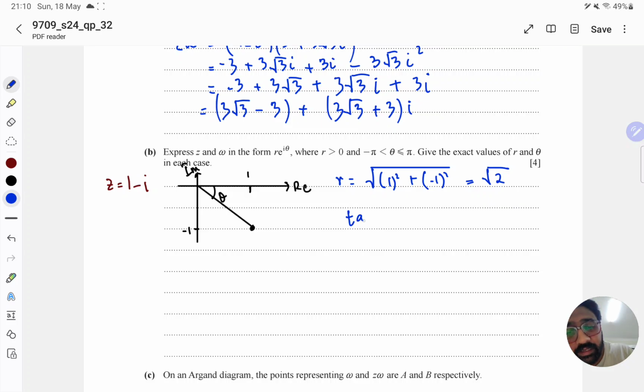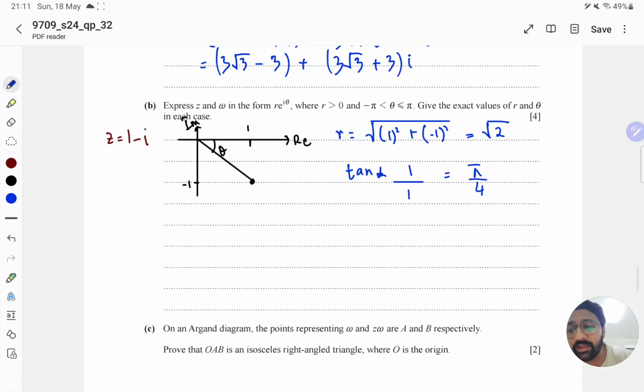Let's find out theta. The theta will be minus 1 over 1, or you can say 1 over 1, and basically I have to find the basic angle first, and 1 by 1 will be pi by 4, but since it is below the x-axis, theta will be negative pi by 4.